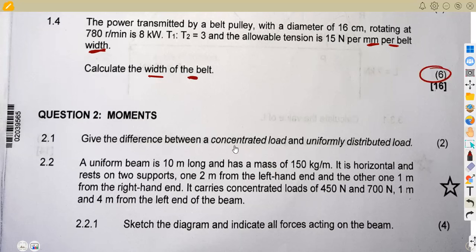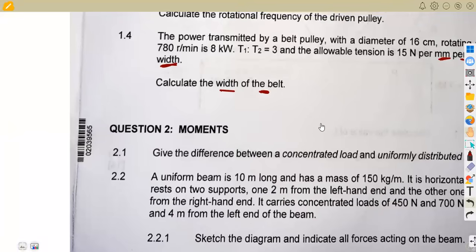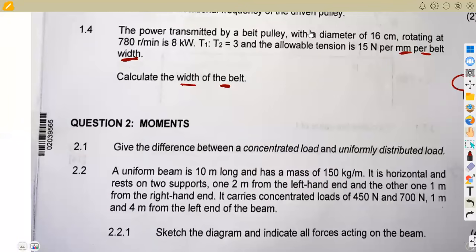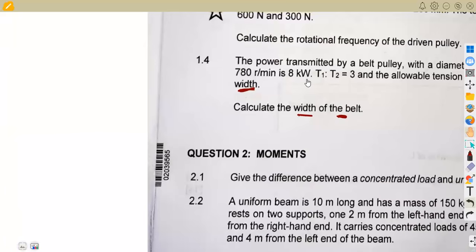Okay, this one is a very, very important type of question. So let us take our information. We're talking about a belt pulley, which has a diameter of 16 centimeters, the speed of 780, and the power of 8 kilowatt. Let us just take our information for now so that we can see how to answer this question. So remember, our diameter in this case is 16 centimeters, convert to meters, divide by 100. That's 0.16 meters.